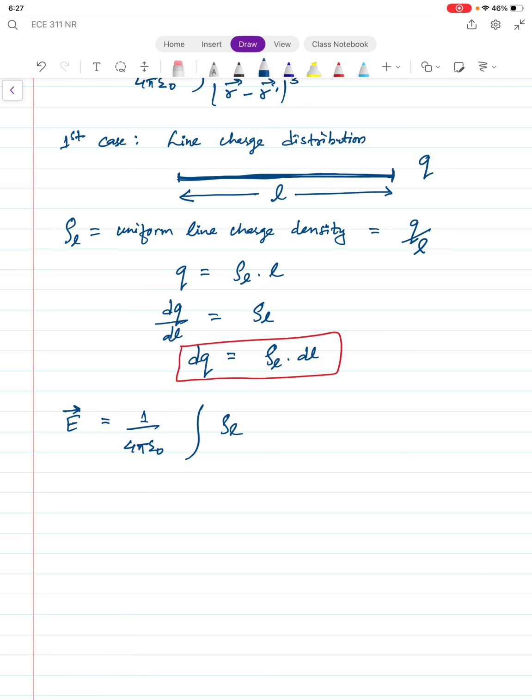Rho L times r minus r prime divided by r minus r prime cubed times dl prime, to denote that this dl denotes the location of our source charges.